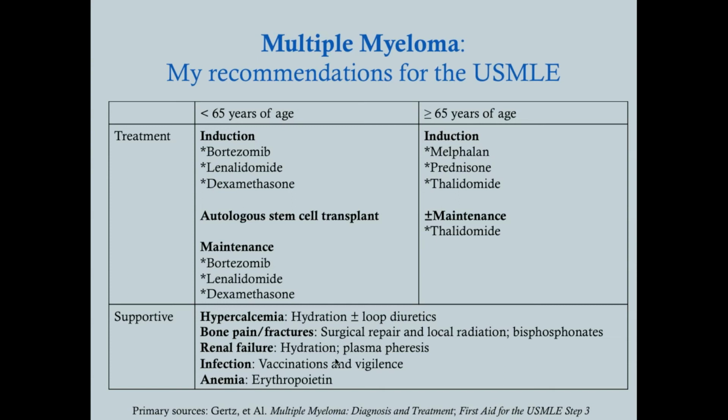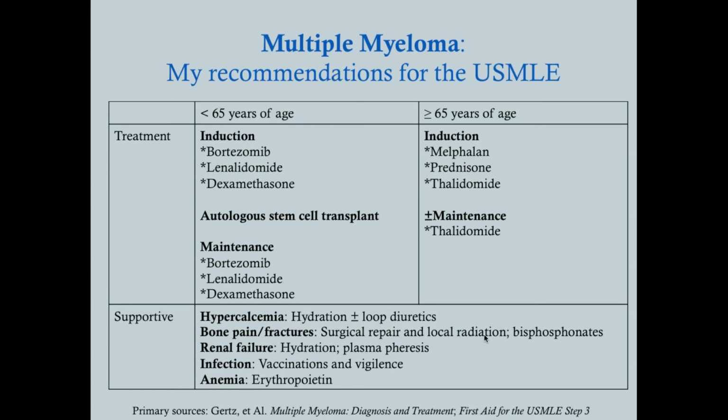Bone pain and fractures, what do you do for that? For bone pain and fractures, you need to do surgical repair, especially if it's a displaced fracture, like in our patient. And if there are lytic lesions, and this is why we typically do a skeletal survey, to look for where these lytic lesions may be, you can do radiation, and radiation will kill off the multiple myeloma cells and help with these lytic lesions and reduce their risk of fracture.